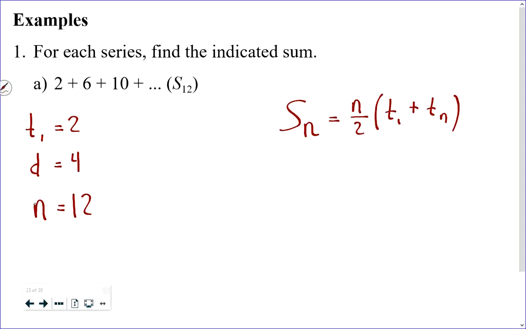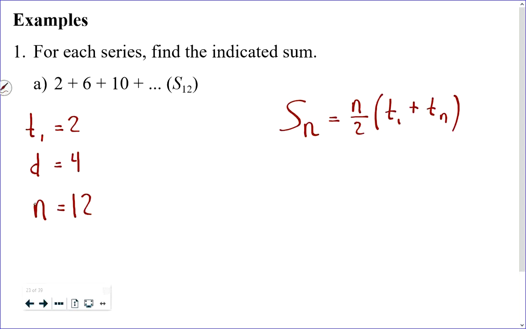I want you to roll that around in your head. In this formula, tn is the last term. Do we know the 12th term? No. Could you find the 12th term using this? You could, and some of you may decide to do that. You could find the 12th term using this and then use this formula.